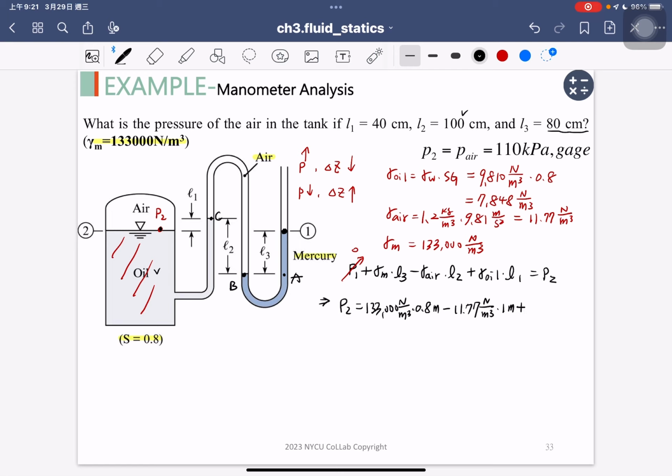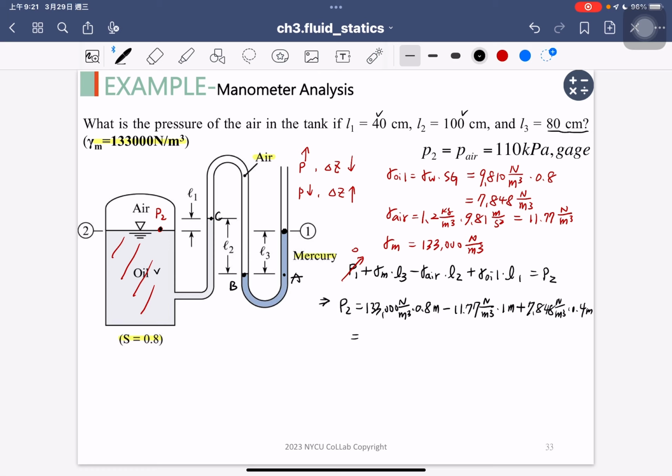The gamma oil is 7.848 Newton per meter cubic, and the length is L1 here, 0.4 meter. Okay, so you can do very quickly to compute the final answers.